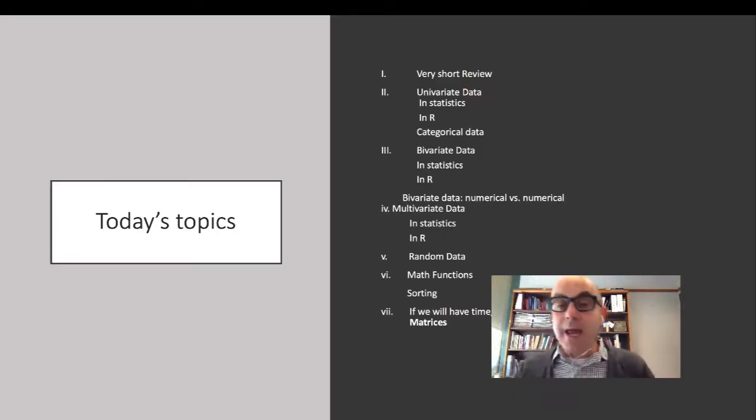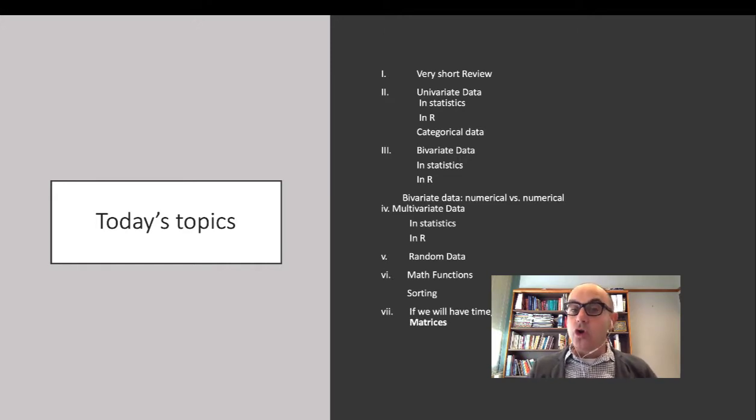Okay, so today we're going to start with a little bit of review of what we have discussed. We are going to talk about different types of data and how they can be applied, and about single variable, two variable, and three variable.